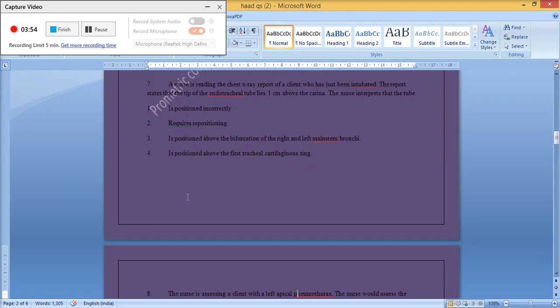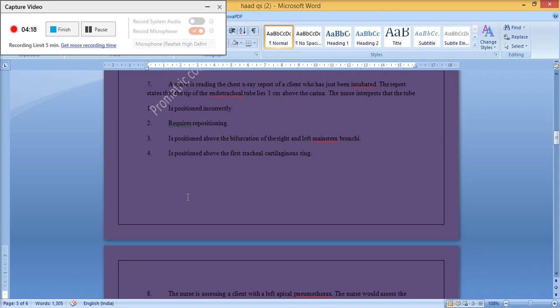7. A nurse is reading the chest X-ray report of a client who has just been intubated. The report states the tip of the endotracheal tube lies 1 cm above the carina. The nurse interprets that the tube: 1. Is positioned incorrectly. 2. Requires repositioning. 3.